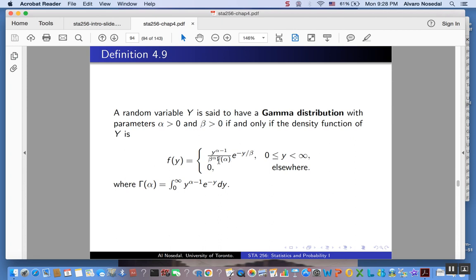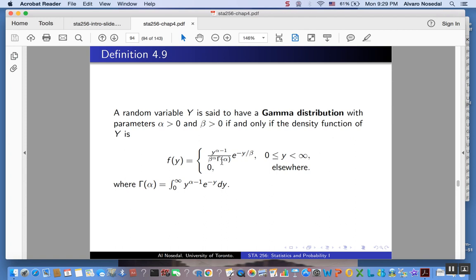The gamma function evaluated at alpha looks kind of scary, but it will be just a number. So that is just a constant that is going to help this expression to be a legit PDF, meaning in this case the integral from 0 to infinity of this expression here will be 1.